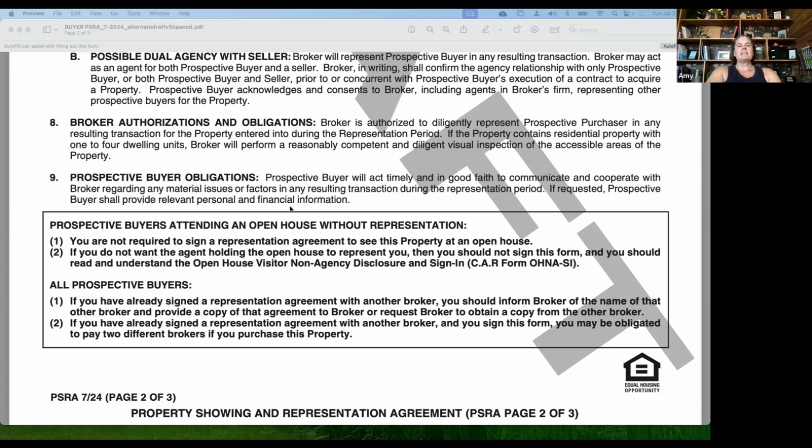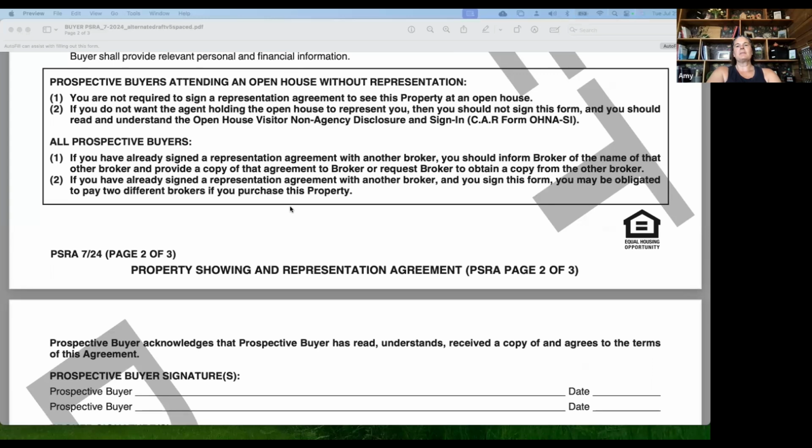Prospective buyers attending an open house without representation. You are not required to sign a representation agreement to see a property at an open house, right? There's that other open house form that we covered yesterday. That is the notice to open house visitors, because now if we're going to host an open house, there is a form for that. You need everybody to sign in and agree to that form, stating that you're not going to represent them, you're showing them the property.